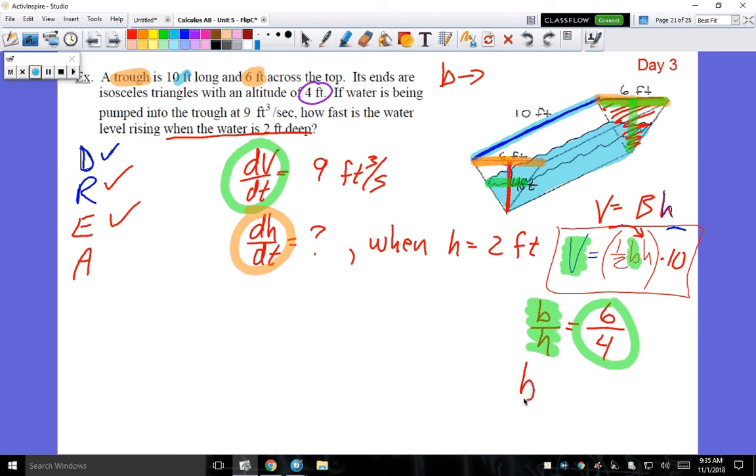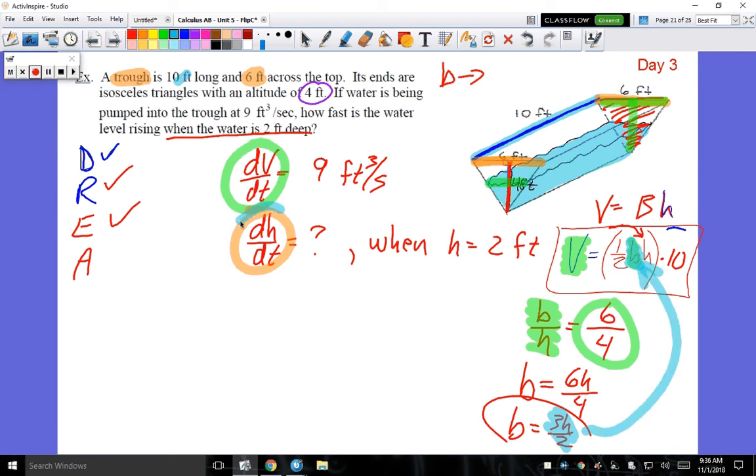Now I'm going to solve for B, and I get 6h over 4, which reduces to 3h over 2. This now is going to be substituted in where B was over here, because I want everything written in terms of H, because that's what we're going to be working with.